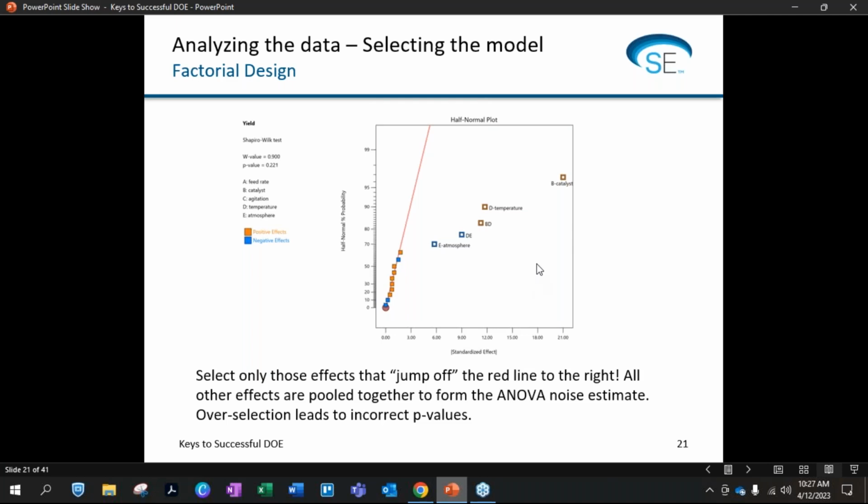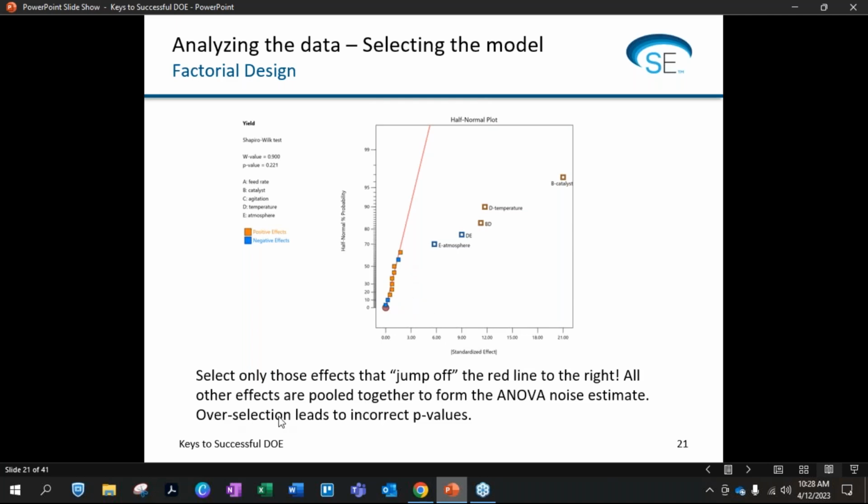A good rule of thumb is that probably only 20 to 30% of the terms are going to be significant. So the bulk of them are higher order terms and things that are not significant.